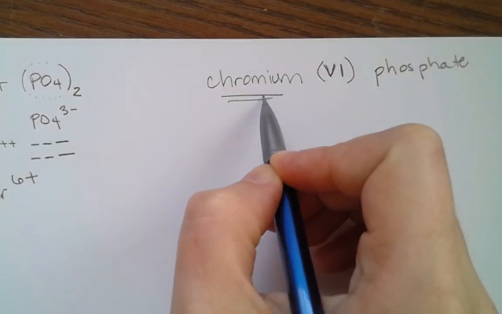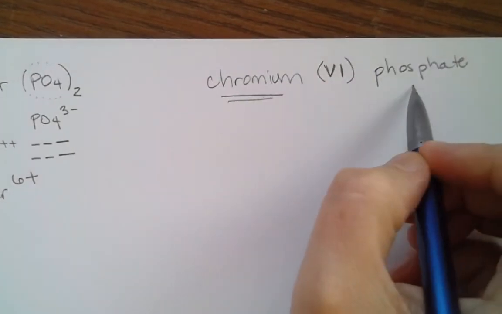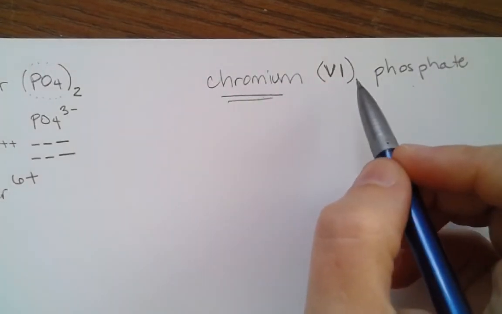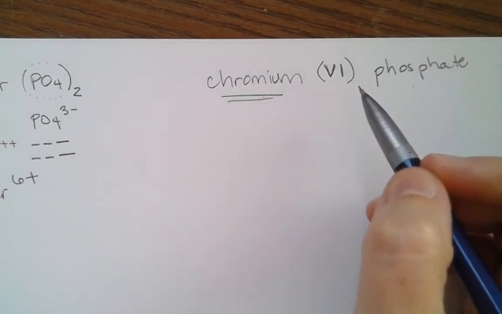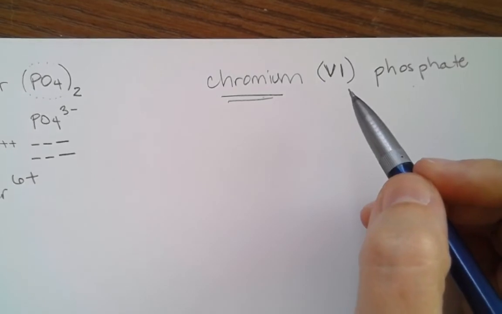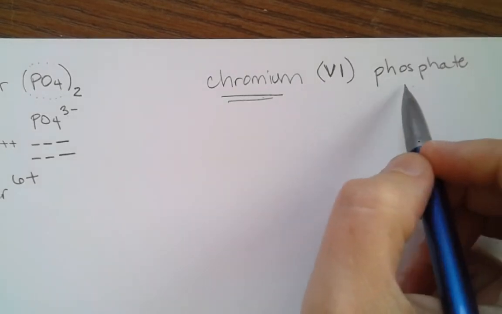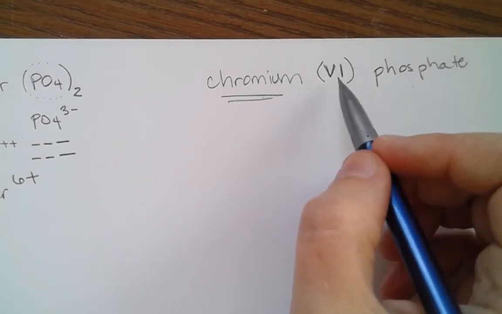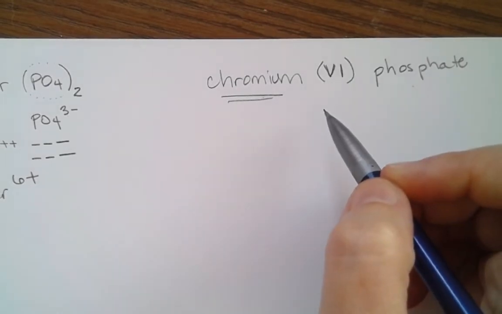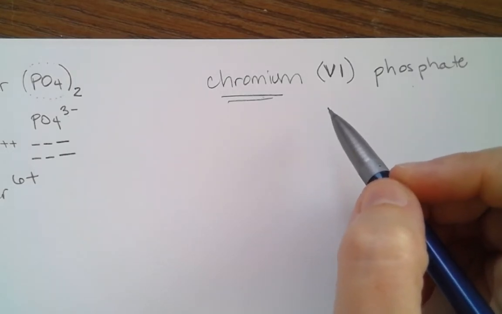Chromium is cool because depending on what you pair it with, it makes different visual colors to us. So chromium 6 is going to have a different color than a chromium 3 or chromium 2. Depending on what you mush it with and its charge, you get different colors. Fun facts about it. Random stuff.